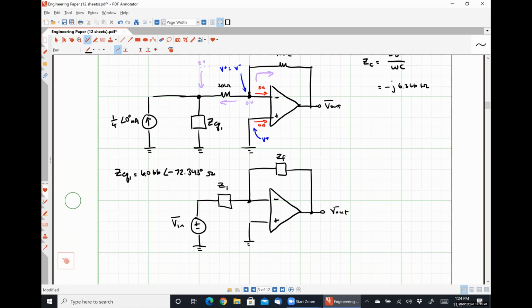Go back to a voltage source representation, right? So if I multiply that by that 0.25 milliamps, I get 1.517 angle negative 72.343.